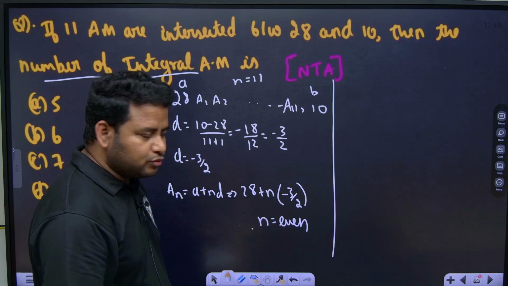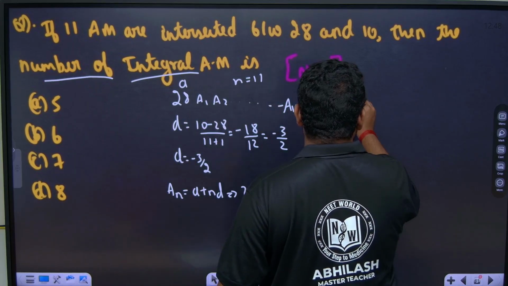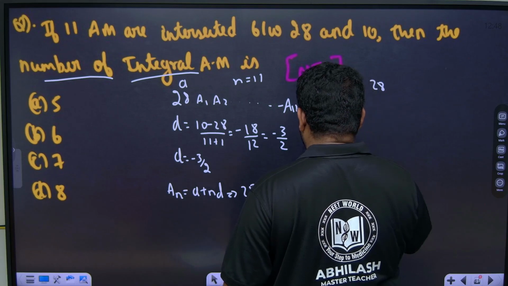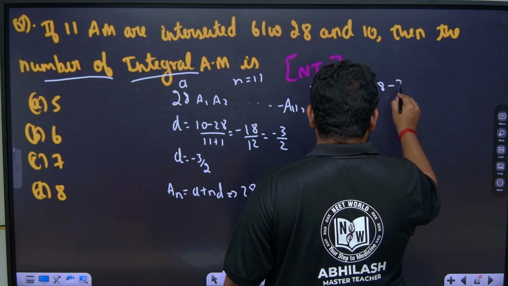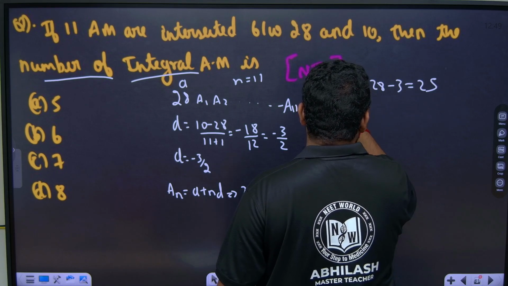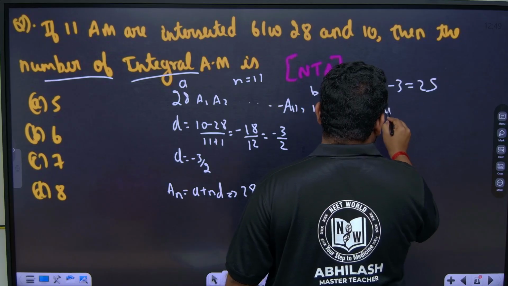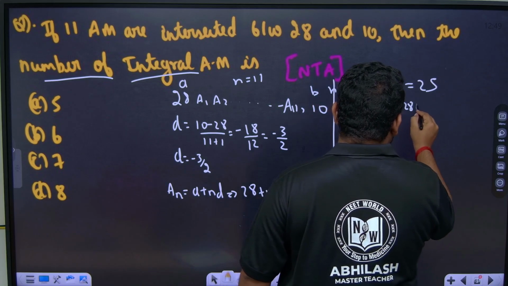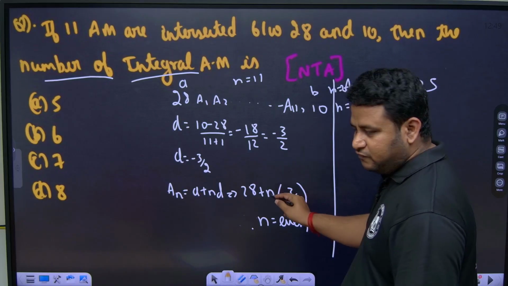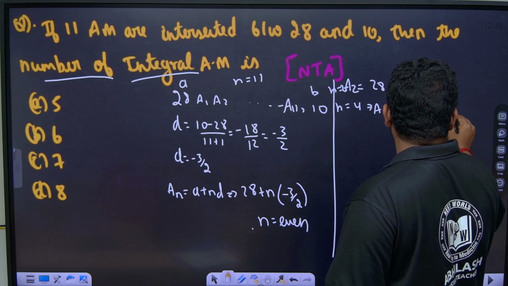So how many such even numbers can I put? First let me put n is equal to 2. Then a2 is 28 minus 3, since the 2 into 2 will cancel, so I will get 25. Next I will put n is equal to 4. So a4 is 28 minus 3 into 2, which is 6, so this will be 22.